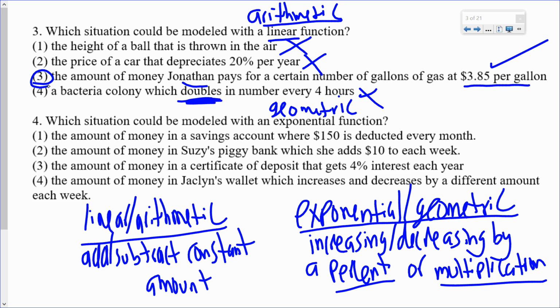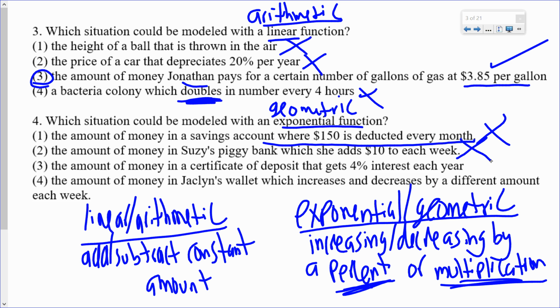Which situation could be modeled with an exponential? For exponential, you are looking for a percent or for multiplication. The amount of money in a savings account where 150 is deducted every month, minus 150, minus 150, that is linear, that is arithmetic. The amount of money in Susie's piggy bank, which she adds $10 to each week, plus 10, plus 10, arithmetic, linear.